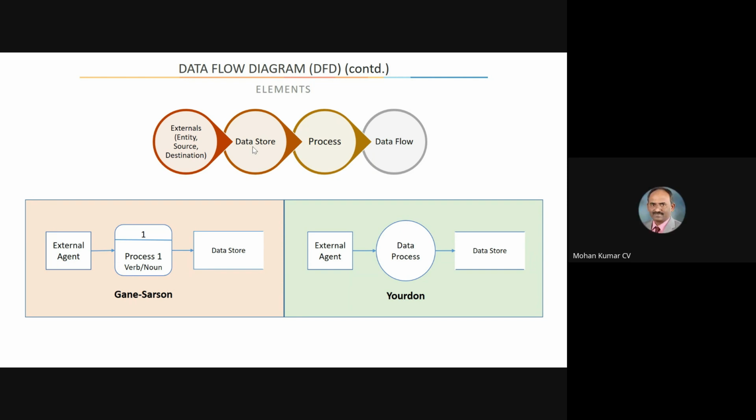Okay. Thank you. Right. Now, for defining this data flow diagram, some people have given standards: the Gane-Sarson standard and the Yourdon standard. In Gane-Sarson, the external agent is put in a square box, the process is put in a square box with curved edges with a process number, and the data store is put in a rectangular one.